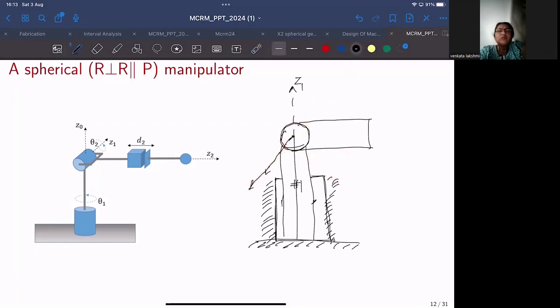I'll label that as Z2. And there is also one more link. I'll label this as link 2. I'll label this as link 3. And link 3 is connected to link 2 by a prismatic joint. It can slide back and forth like this, right? So there are three links. Three links is actually possible.